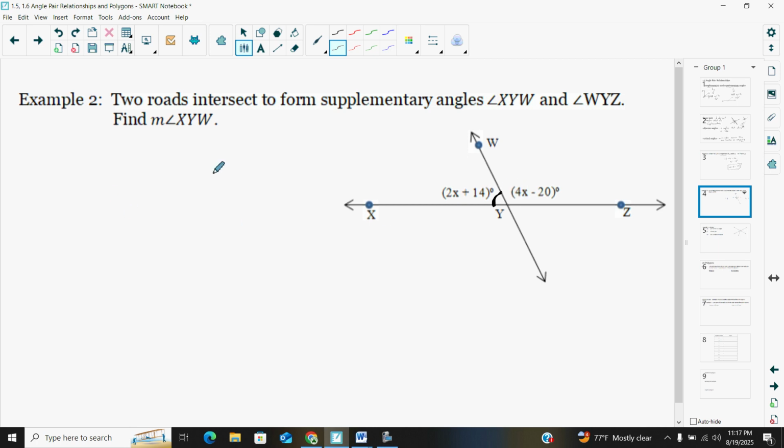If I add them together, 2x plus 14 and 4x minus 20, we know they add up to 180 degrees. 2x and 4x, that makes 6x. 14 minus 20 is minus 6.